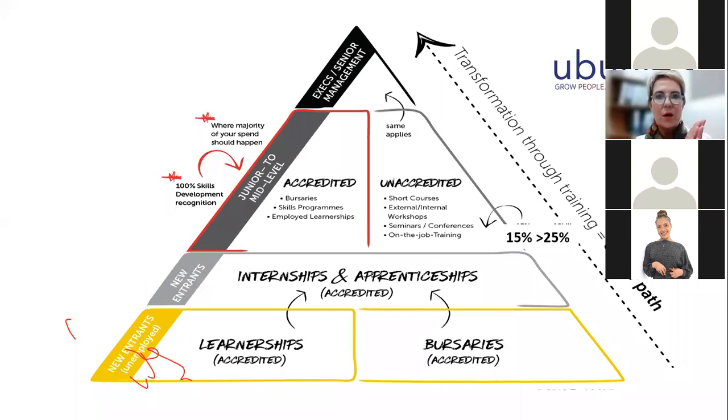So the second level would be junior to mid-level in an organization, your first line managers, your junior employees. This also speaks to your succession plan. And then lastly, your top management, your execs or senior management.